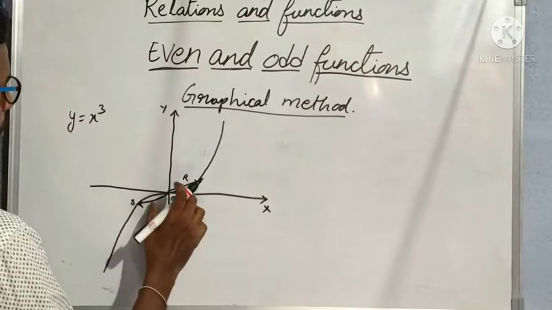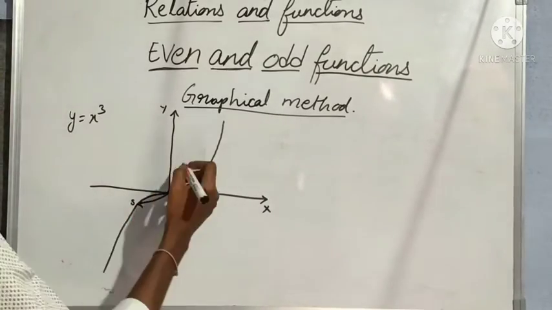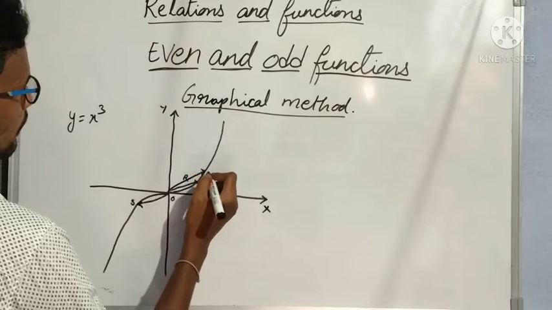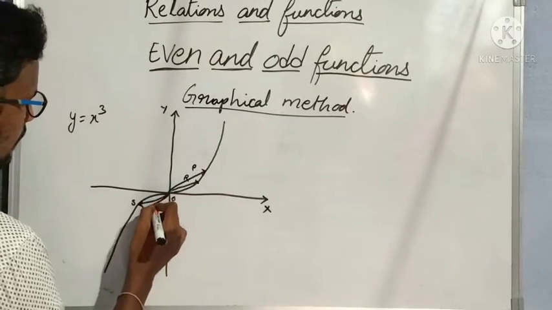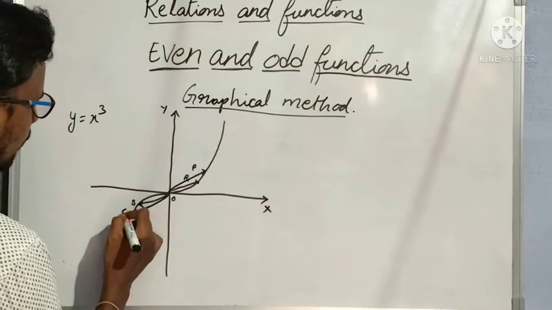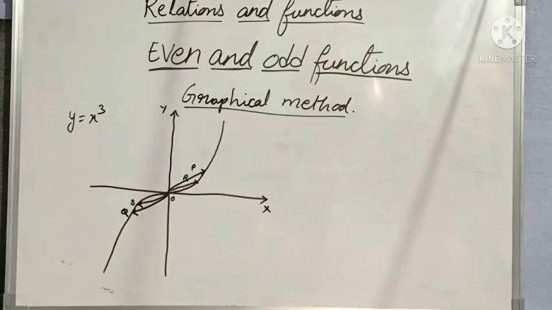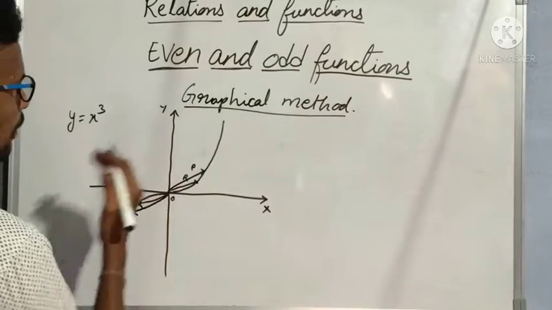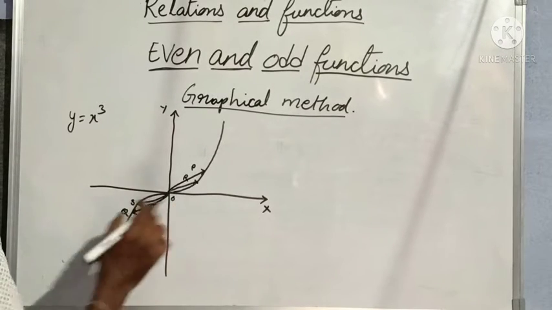So here also the distance from O to R is equal to distance from O to S. Not only from O to R, wherever you travel. For suppose I am traveling up to here, here I am finding my point P. OP is the distance. In the same way, if I travel the same distance, I am finding one more point Q. So here also OP distance is equal to OQ distance. Such type of curve is called symmetric about origin. Understood? So here this curve is symmetric about origin.